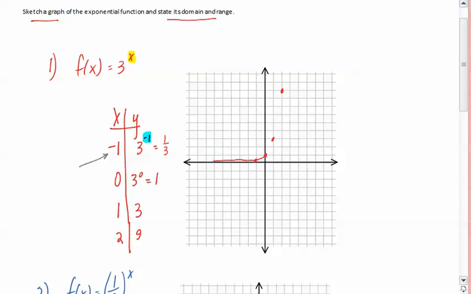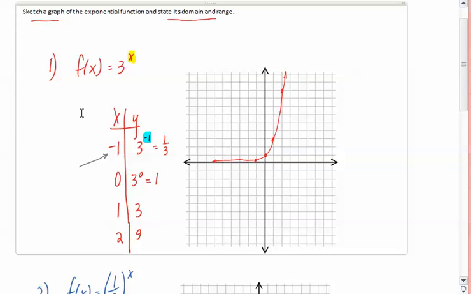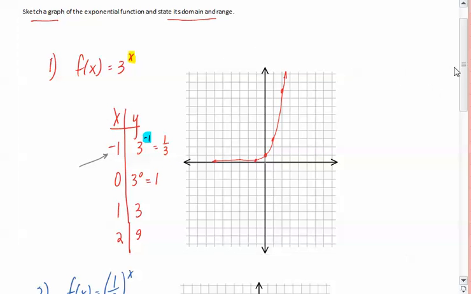If you picked more negatives, smaller and smaller negative x's, then we would continue to get closer and closer to the height of 0. It's never going to reach a height of 0, but it's going to get closer and closer.